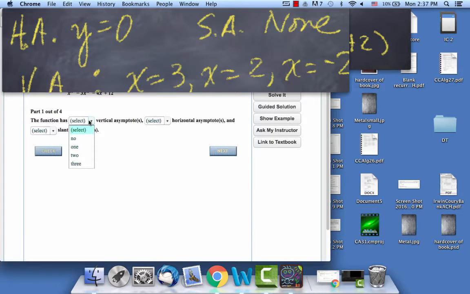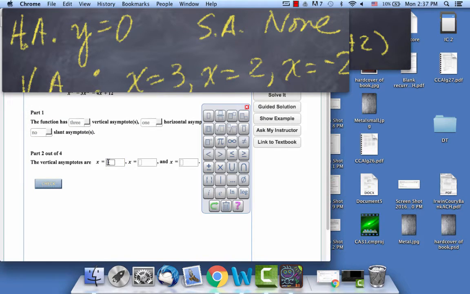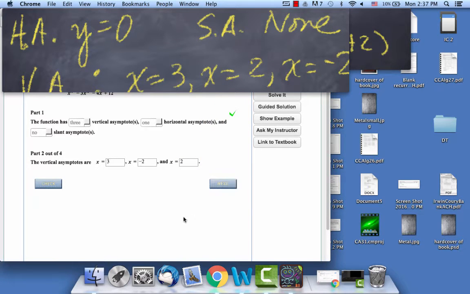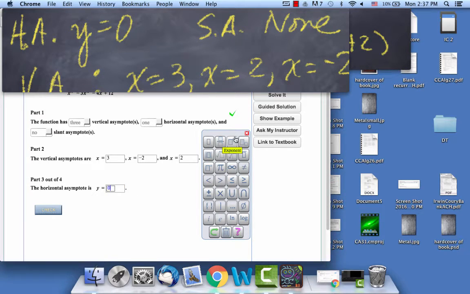So it has 3 vertical asymptotes, 1 horizontal asymptote, and no slant asymptotes. The vertical are at 3, negative 2, positive 2, and the horizontal at 0.